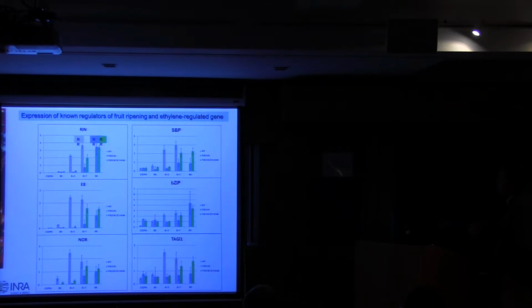And we have been looking, but this is very preliminary work, at the expression of known ripening regulators or ethylene-induced genes, and what you can see is that the expression of all these genes is strongly delayed compared to wild type fruit.